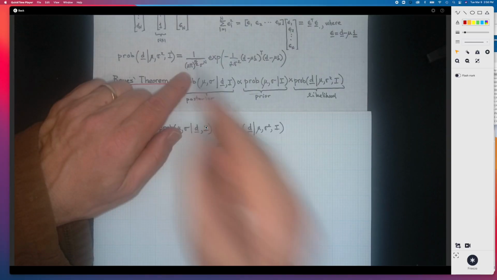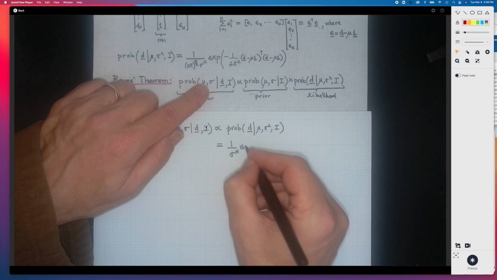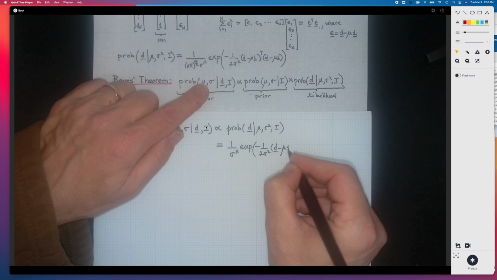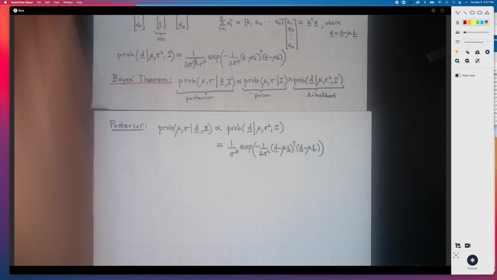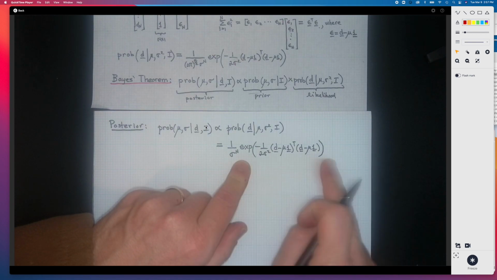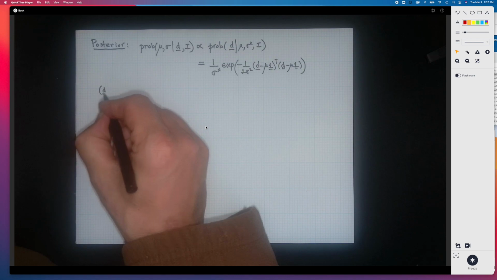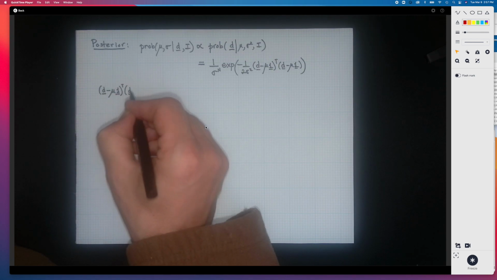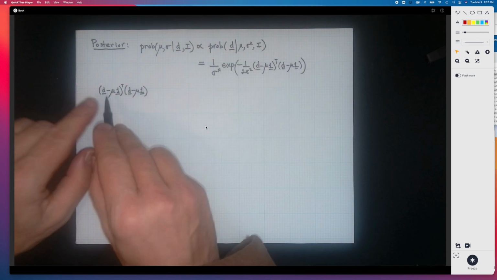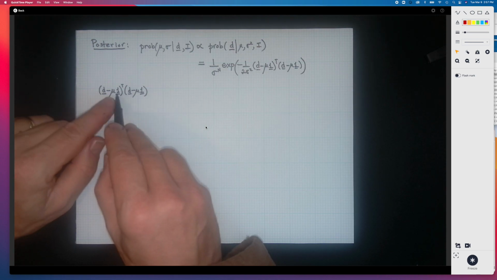So we can ignore this factor, so it's going to be 1 over sigma to the n. Right, and now we're going to rewrite this expression in the argument of the exponential function in a more convenient way. So remember, this is just the sum of the differences between the data and this model, mu times a column vector of 1s.